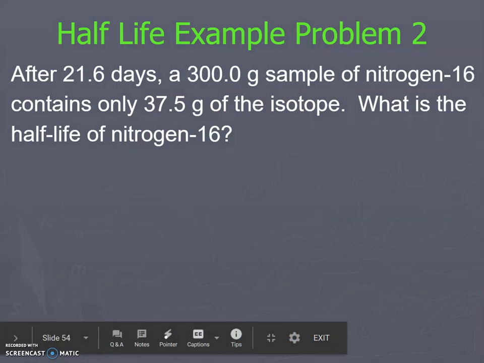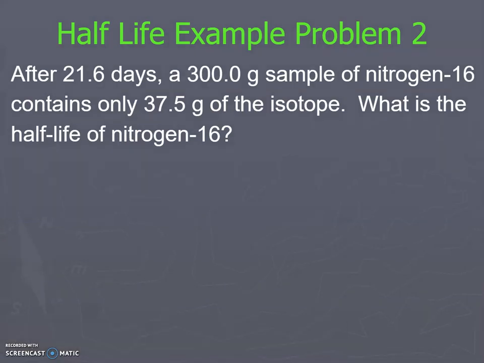A half-life example problem, okay? After 21.6 days, a 300-gram sample of nitrogen-16 contains only 37.5 grams of the isotope. What is the half-life? Okay, did they give me 2 times or did they give me 2 masses? Well, if you take a look, there are 2 masses right there.